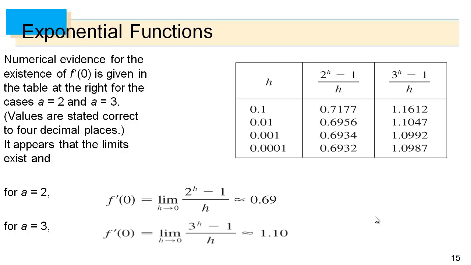And when a is 3, that same derivative, f prime at 0, ends up being somewhere around 1.1. And this is just letting your change in x, which is your h, get smaller and smaller and smaller. So you're taking those secant lines and getting closer and closer to the tangent. Okay, so you're getting a slope of about 0.7 when it's a 2 and a slope of about 1.1 when it's a 3.